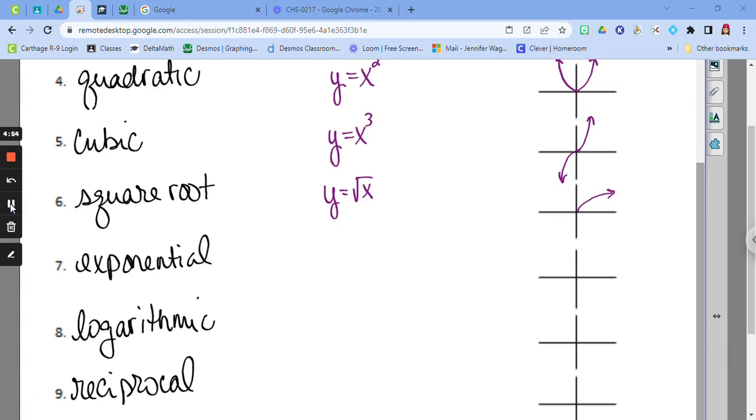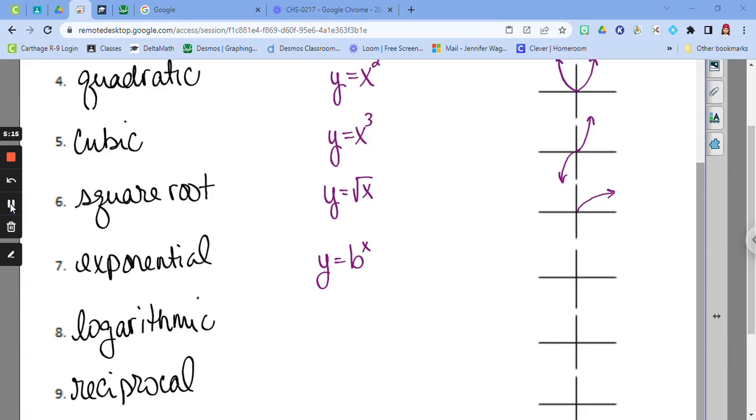Exponential and logarithmic equations are the only ones that are a little different, because your base, y equals 2 to the x versus y equals 3 to the x, are both parent functions with different bases.